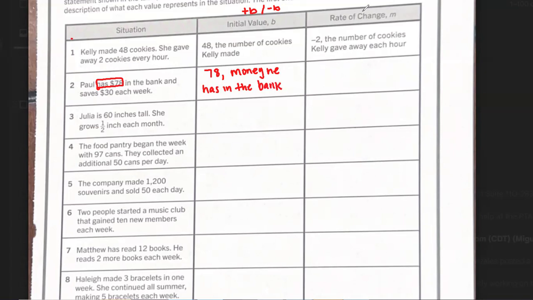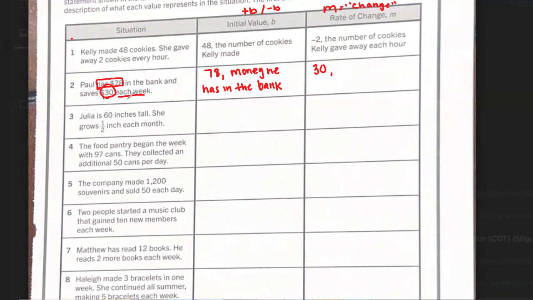right? Now over here, when you see rate of change, you're going to see that it says m right here. Our rate of change is how it's changing, right? What's going on? We're going to say that that is the change. Now over here, Paul has $78 in the bank and he saved $30 each week. So if I'm saving, that means I'm adding money, so it's a positive 30.